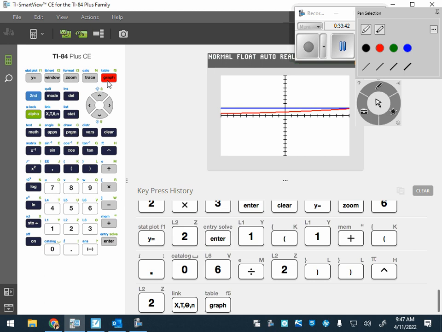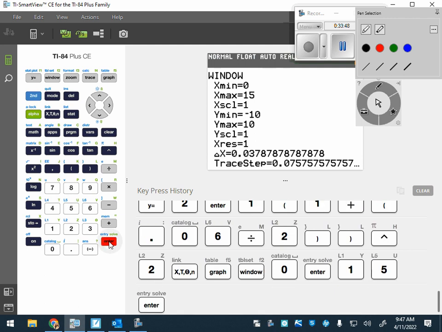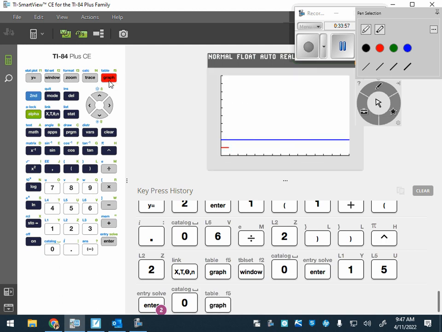X max. So if I go to my window, I'll just do 0, 15. My Y minimum, I'll just do 0, and I'll leave the max as is. Okay, you must see the intersection, even though it looks like it is right there, it's not.